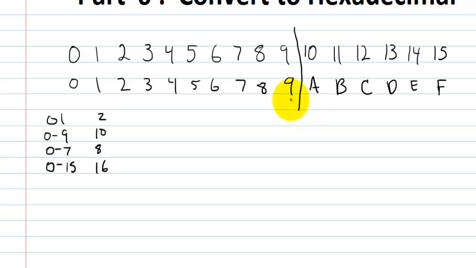So when you are counting through here, instead of restarting at 10, we're going to restart at F. If we were to count using this, we'd go from 0 through F, and as soon as you get to F, it's going to start recycling the numbers.